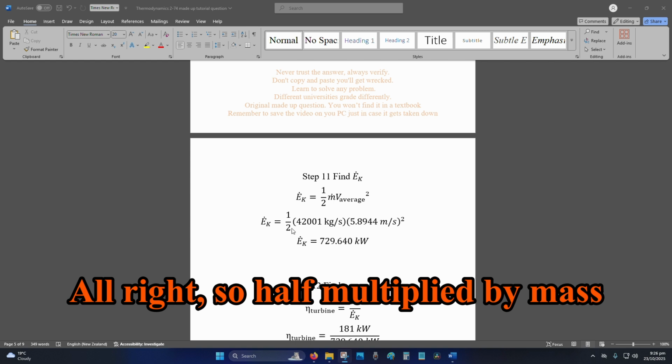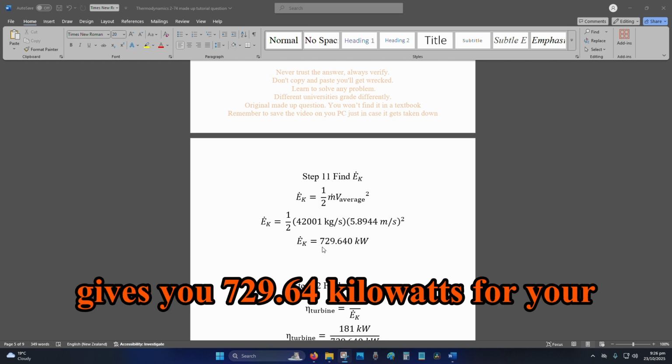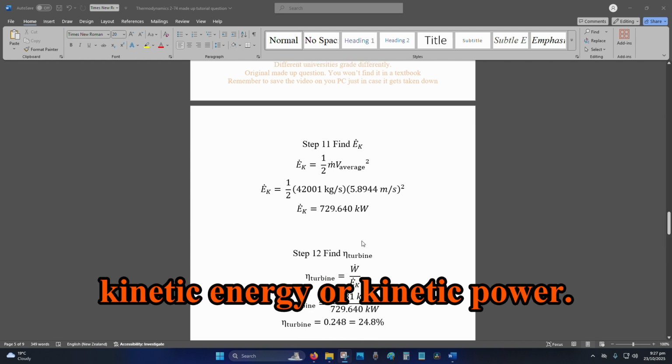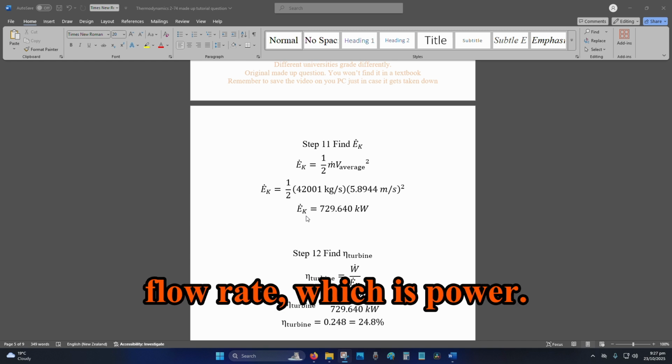Half multiplied by mass flow rate multiplied by velocity squared gives you 729.64 kilowatts for your kinetic energy or kinetic power. It is E dot, so E dot represents energy flow rate, which is power.